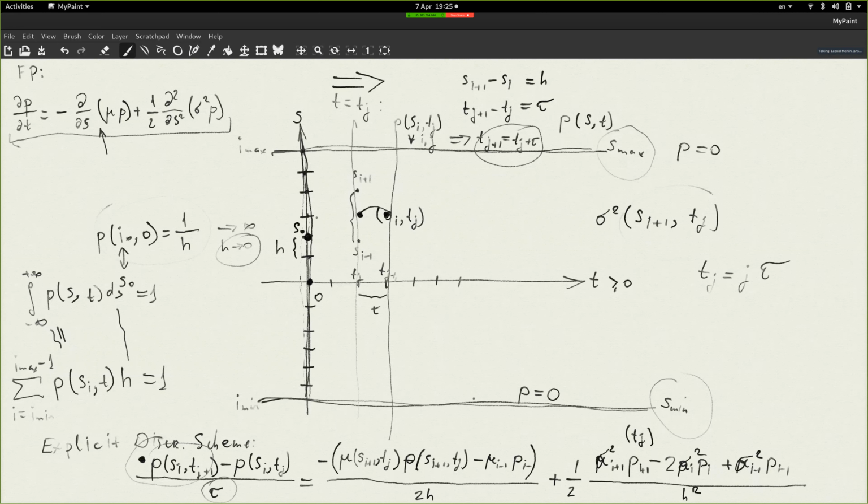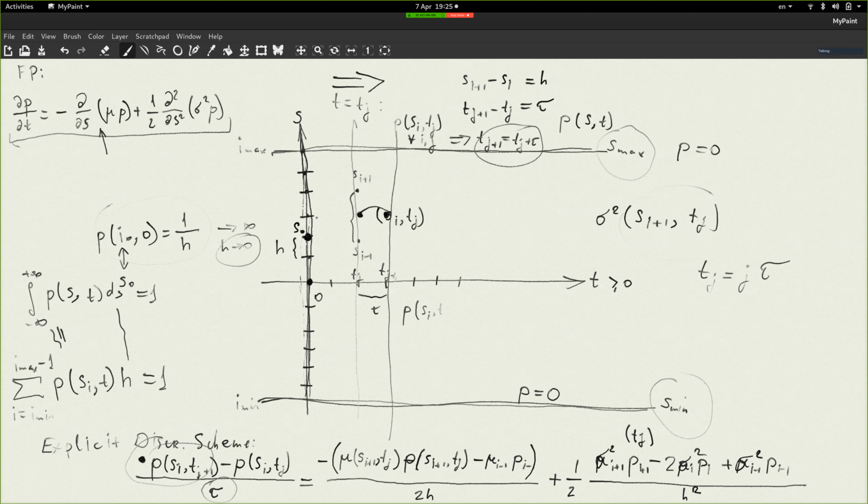We can write our partial derivatives in a different way. So the left-hand side, instead of taking the difference between tj plus 1 and tj, for the left-hand side it could be the same.